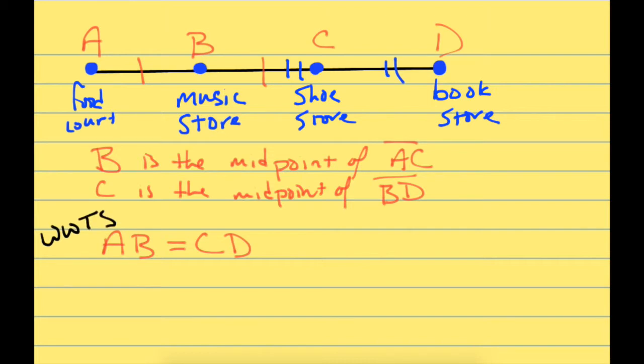So, let's start our proof. We're going to start by stating what we're given in the first statement, and we're going to list all of our statements out on one side. That's our first column. And all of our reasons out on the other side. That's our second column, hence the name two-column proof.